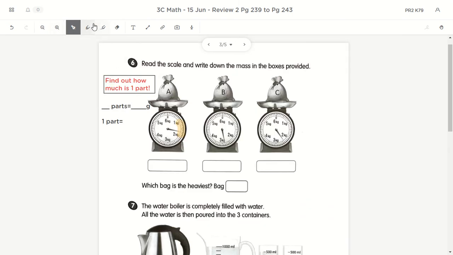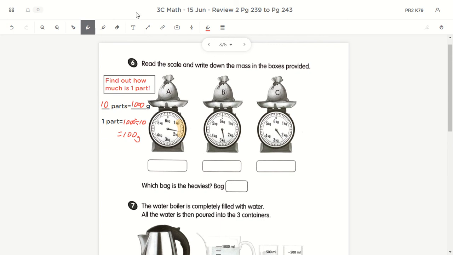These 10 parts actually represent 1000 gram. If 10 parts represent 1000 gram, to find one part, all you need to do is 1000 divided by 10. And 1000 divided by 10 give you 100. So I know that each part actually represents an additional 100 grams, and so on and so forth.